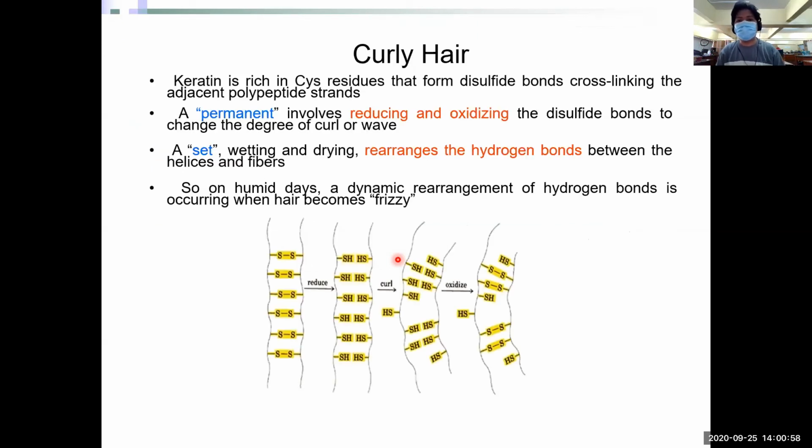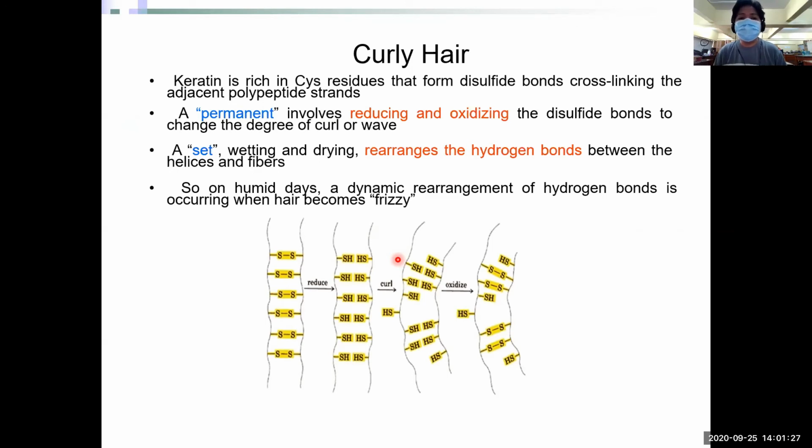Another example of the fibrous protein is keratin. Keratin has an effect on why some people have curly hair. Keratin is rich in cysteine residues that form disulfide bonds cross-linking the adjacent polypeptide strands. Since it has many disulfide bonds, it creates bonds with the other polypeptide strands.